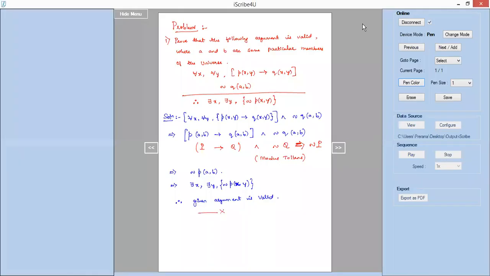Now we'll move on to the second problem. Find the negation of the following quantified statement.